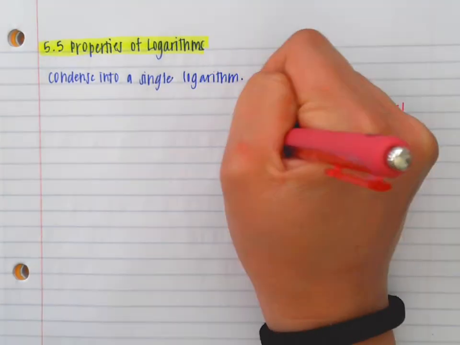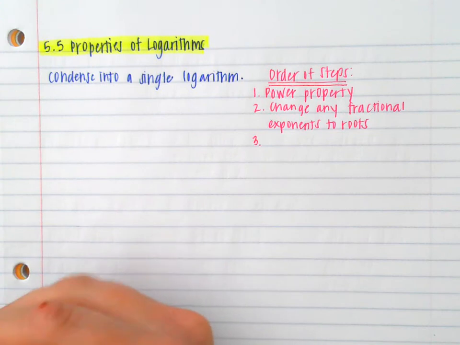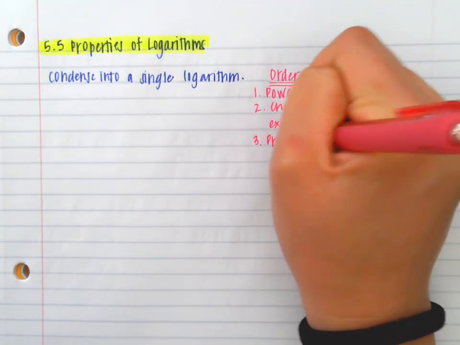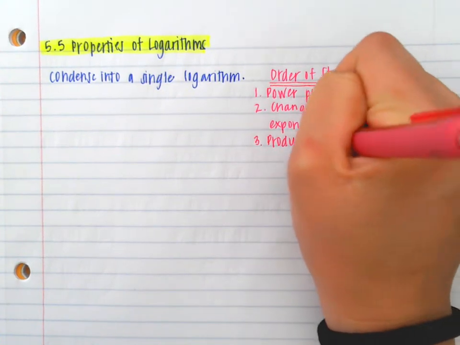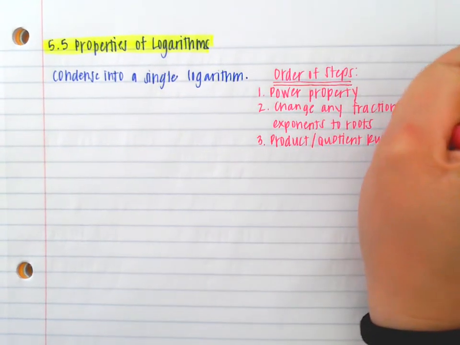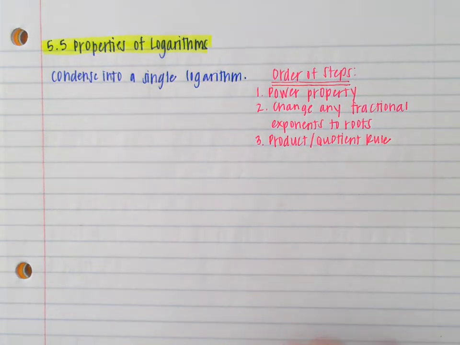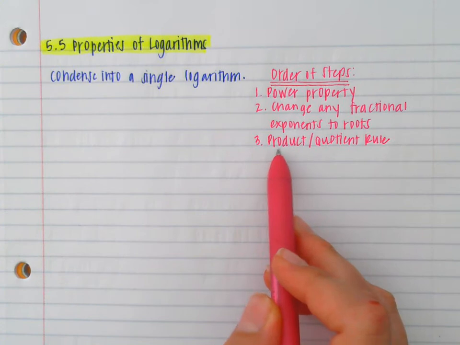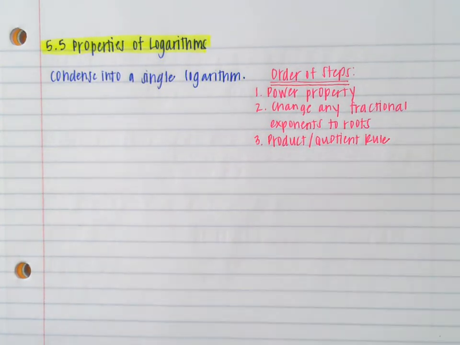Okay, so then you're going to apply the product and the quotient rules. And really you won't have both.